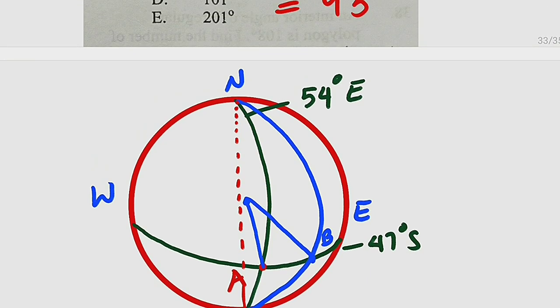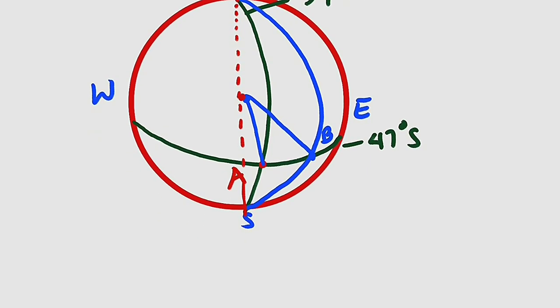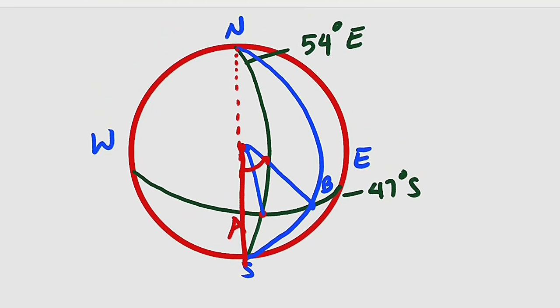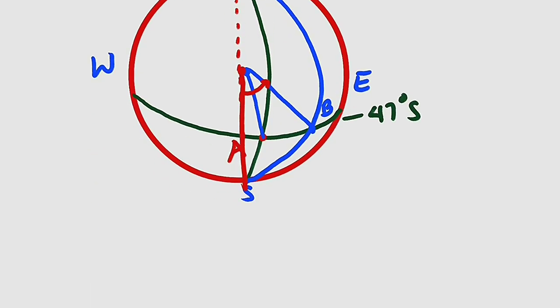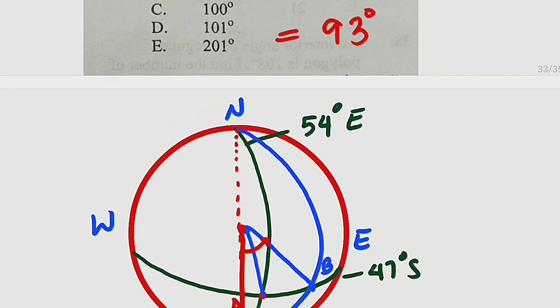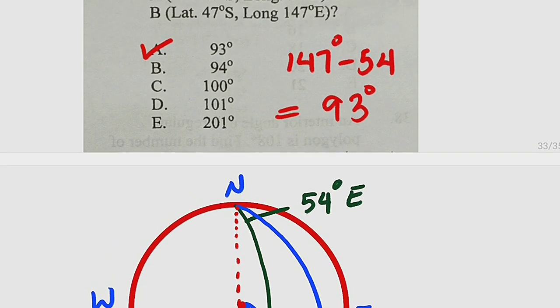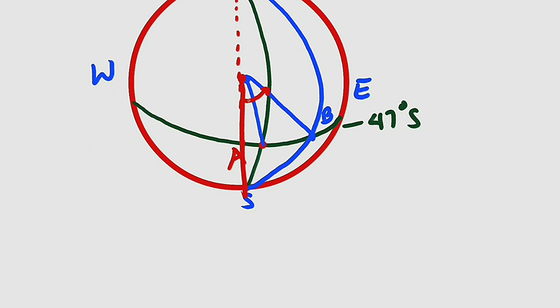So according to this question, it stated that from the center, because we are going to use this line to measure the angle, from the center down to town B is what? 147. But from the center also down to town A is 54. So this small angle right here, which is this, is 54.